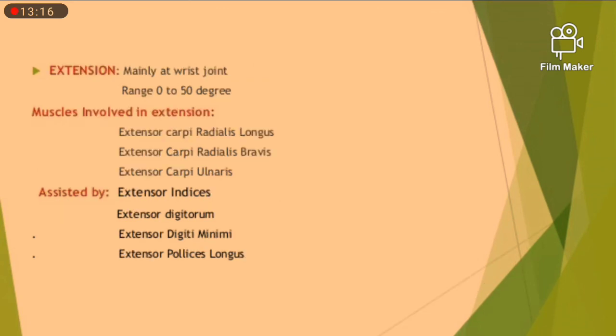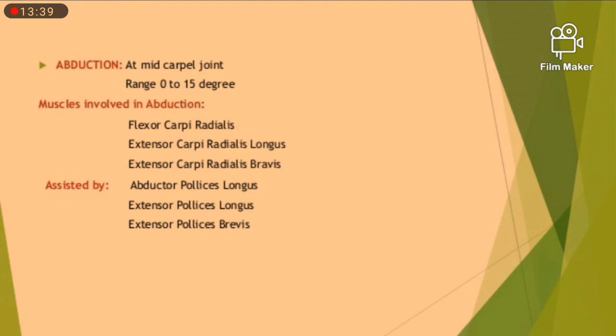Extension mainly at wrist joint ranges from 0 to 50 degree. Muscles involved in extension: extensor carpi radialis longus, extensor carpi radialis brevis, extensor carpi ulnaris, assisted by extensor indicis, extensor digitorum, extensor digiti minimi, extensor pollicis longus.